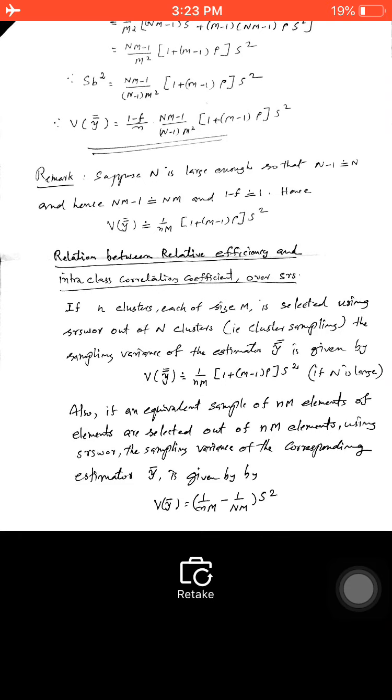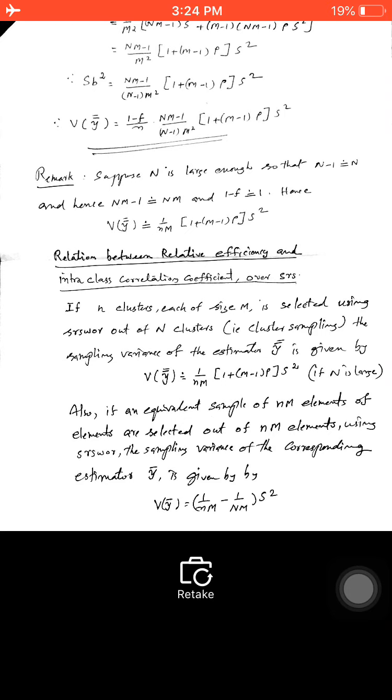Now here, for making the comparison, you should remember that in cluster sampling, we are sampling small n clusters, each having capital M elementary units or elements. And naturally, such a cluster sample mean should be compared with the simple random sampling of the same sample size.